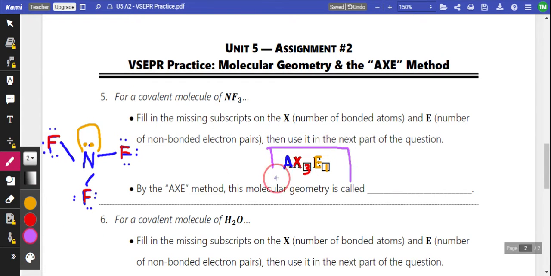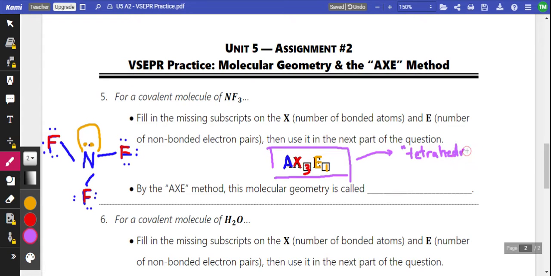Now, the electron geometry for this, I can go look this up, has 4 electron domains. We would call that tetrahedral. Tetra meaning 4, and hedral meaning something about a shape.